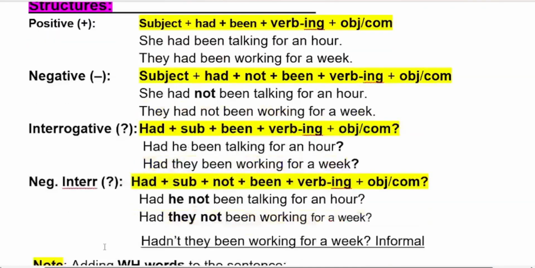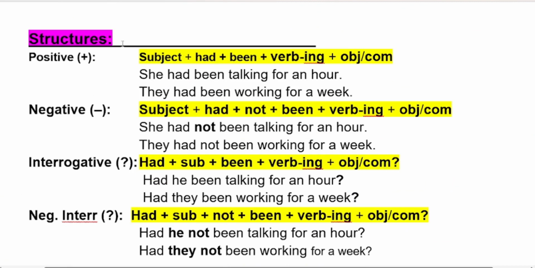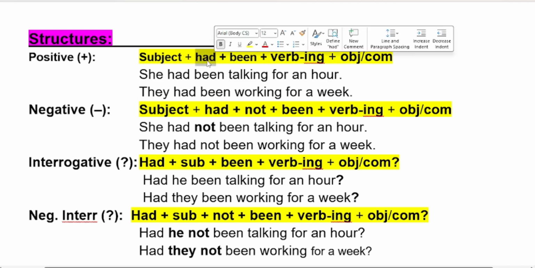And the next, let's go to structure. بچه با فرمولش یا ساختارش میایین. Subject plus had plus been plus verb ing plus object or complement. Do not forget that had is used with all the subjects. I, you, we, they, he, she, it, or Ahmad, or Maryam, any kind of subjects.